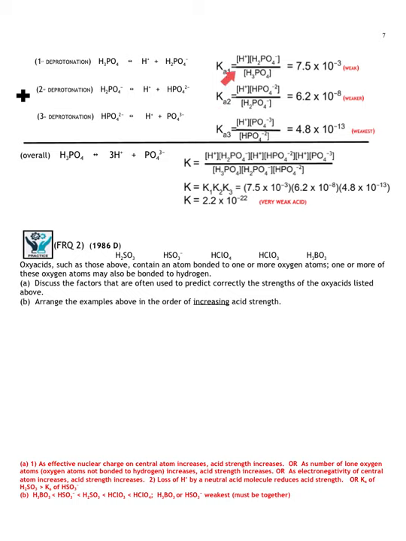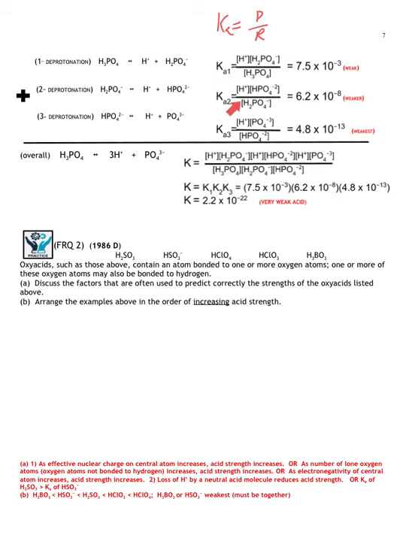So notice how we can actually look at the Ka values for each of these, knowing that Ka, as always, is a ratio, one way or another, products over reactants. So the Ka is higher for the first deprotonation than the second one, which is higher than the third.